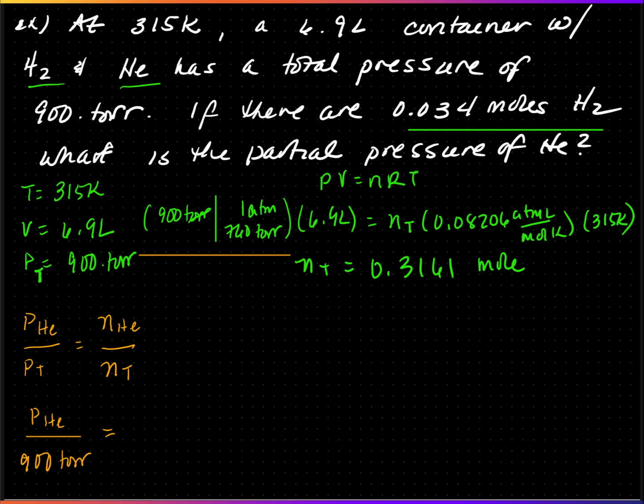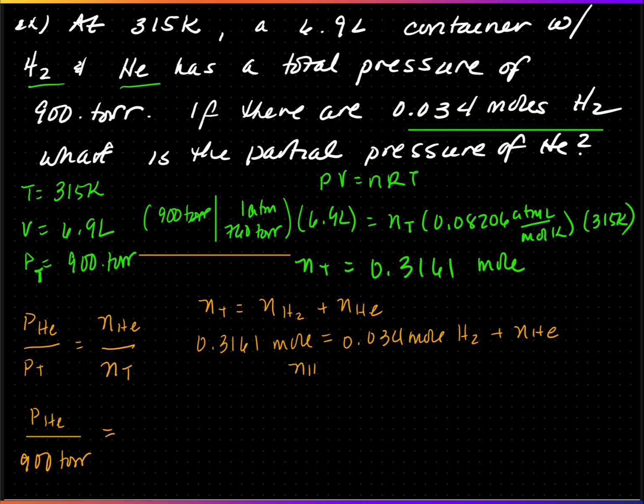We don't know the moles of He, but we can find it because total moles is equal to the moles of hydrogen plus the moles of He. So that's going to be 0.3161 moles equal to 0.034 moles hydrogen plus the moles of helium. So the moles of helium is equal to 0.2821 moles of helium.